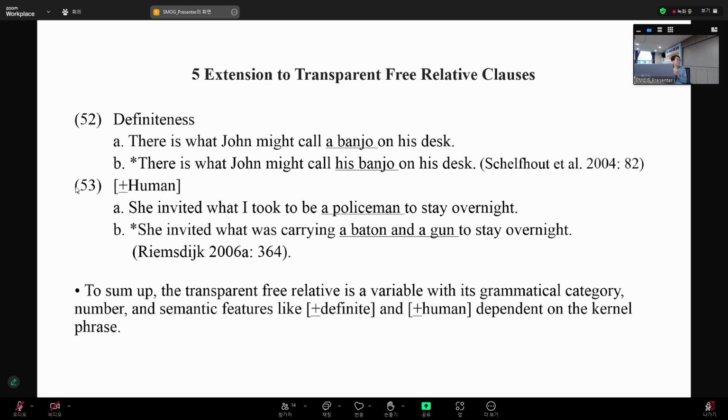But in this case, there is no restriction for the WH morpheme. It has just an operator, so it is a variable in a sense, and all the grammatical features of the WH morpheme are dependent on the common phrase. That's why they are transparent: they are born with no features fixed, but after they form some relation with the common phrase, they get the features, and then they project a label in the landing site. That's why they share the same features.